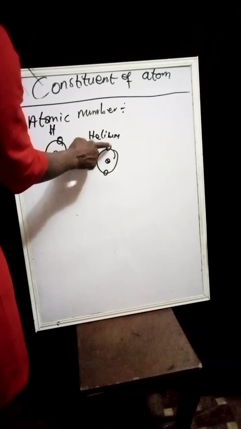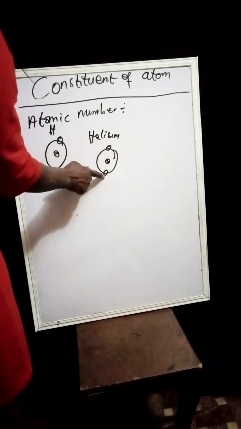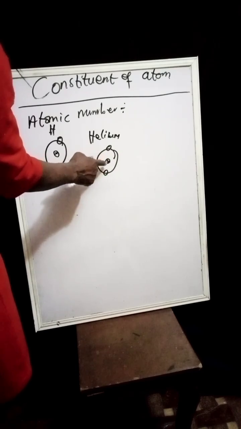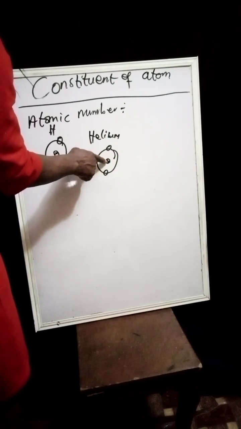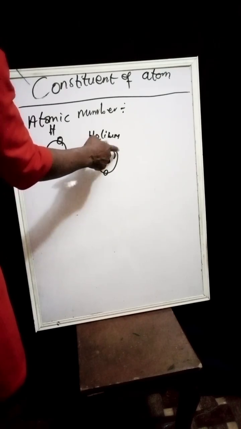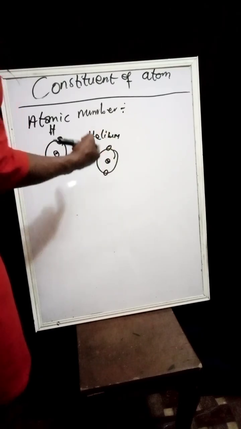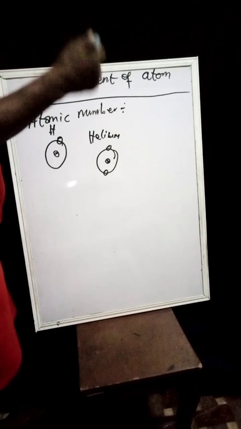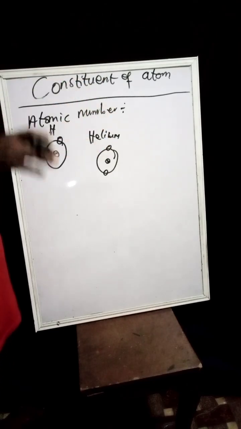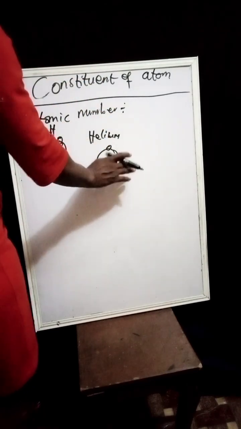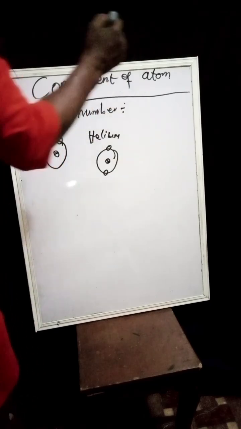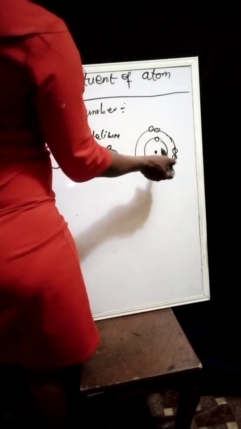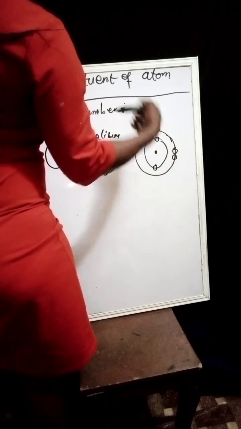So if there are two negative charges here, then for this atom to be electrically neutral, there should be two positive charges also within the nucleus, so that the negative will cancel the positive. That is, the negative will nullify the positive, so that none of the charges has effect and the atom will become electrically neutral.